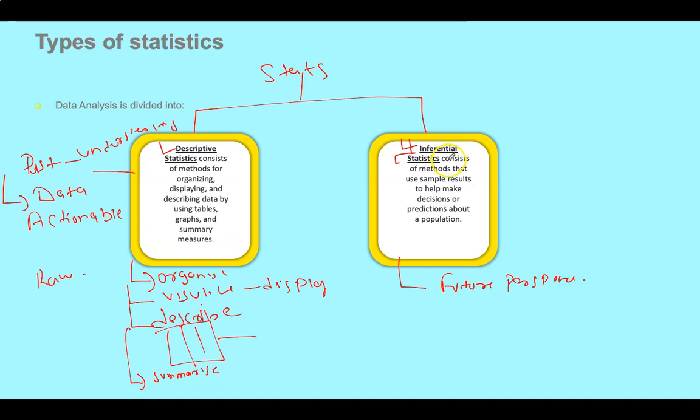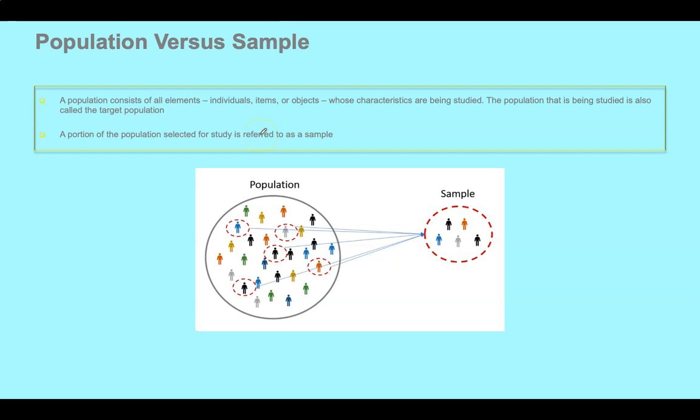Inferential statistics consists of methods that use sample results to help make decisions or predictions about a population. This is what we're going to discuss in inferential statistics. I need to discuss a few more things in descriptive statistics. Before we discuss descriptive statistics in detail, let us first understand our types of data, and then we'll discuss in detail.